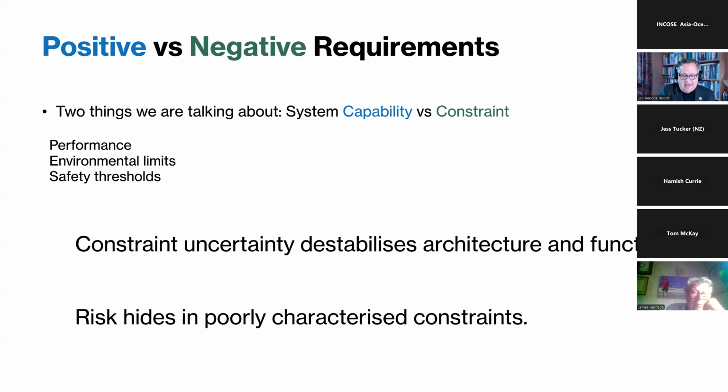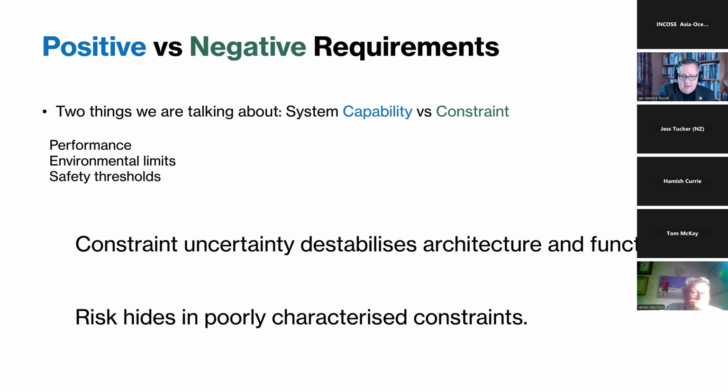We often emphasize capability, so what the system shall do, but constraints define the design space. That's where I go with my idea of positive being the capability and negative mapping onto constraints, which is easier to manage then, because that falls in another part of the requirements framework.